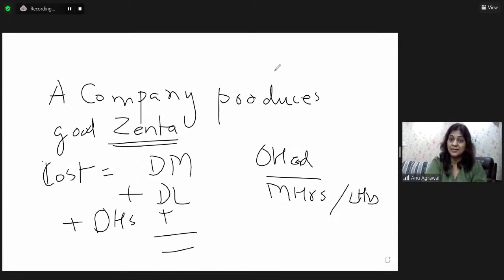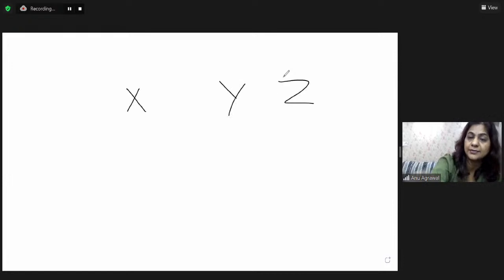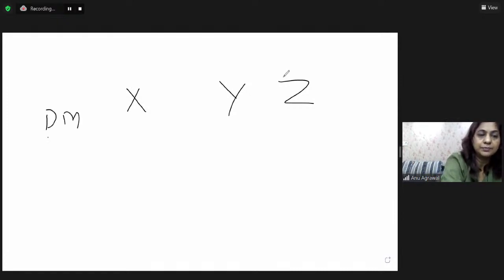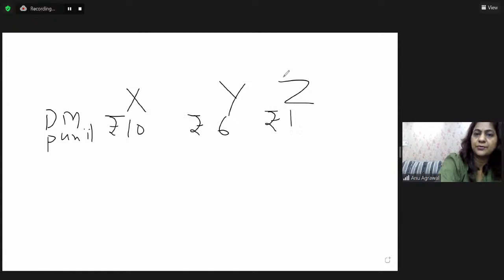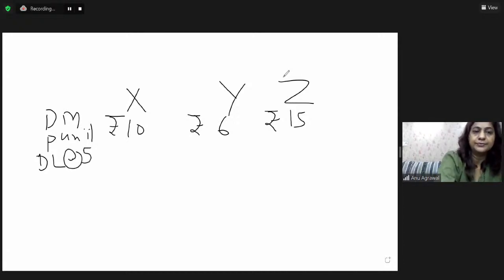But now, please imagine a company is producing 3 products, X, Y, and Z. Let us say the direct material cost per unit was 10 rupees for X, 6 rupees for Y, and 15 rupees for Z. And let's say direct labor cost: we pay laborers at the rate of ₹5.